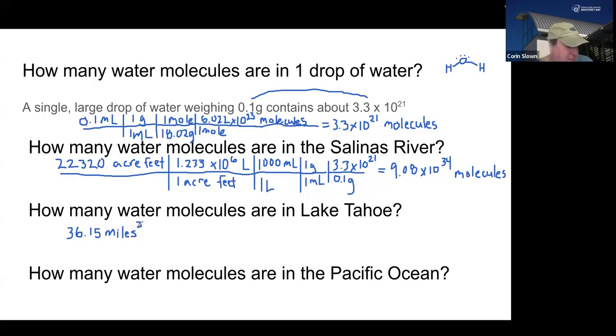And then if we think about the Pacific Ocean, right, this is estimated to be 660 cubic kilometers. So, right, if we think about km cubed, you can also do that conversion thinking about, well, how do I take that and convert it to a volume that's usable?